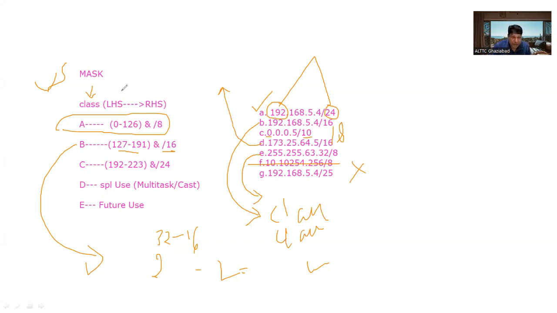Basically, earlier this was known as the mask, but after classless, by default, we go for the subnet mask. Subnet mask is nothing but, after making the mask, we make some different thing. ABCD are also under the category of the subnet mask, but the actual mask is only ABCD.